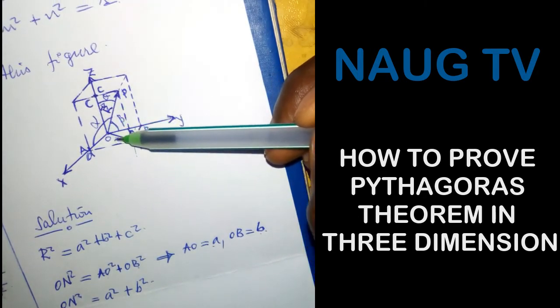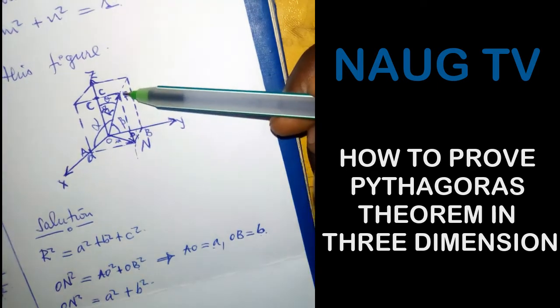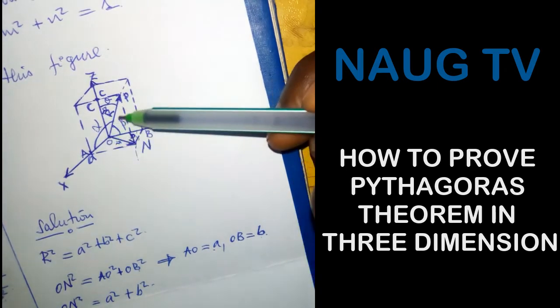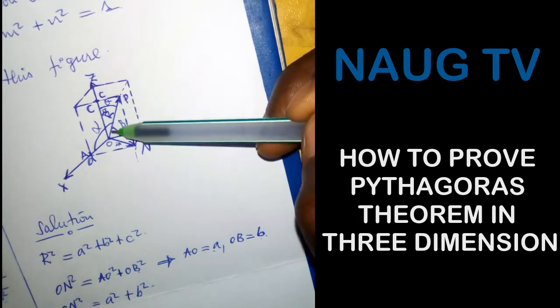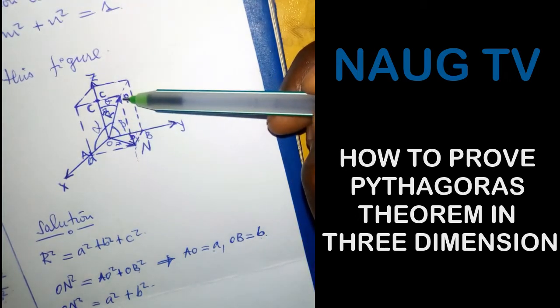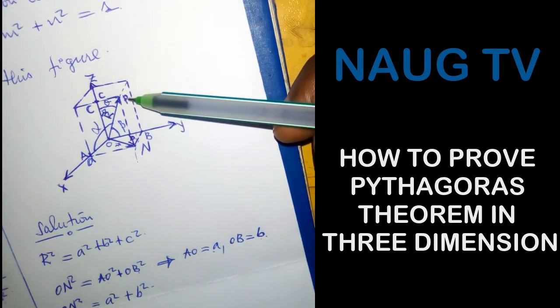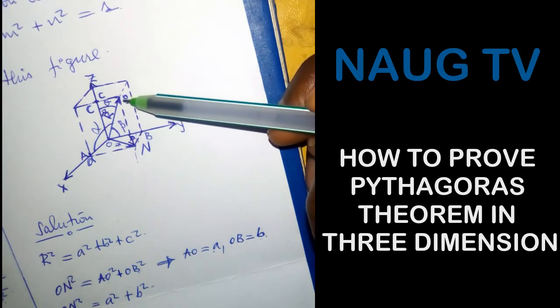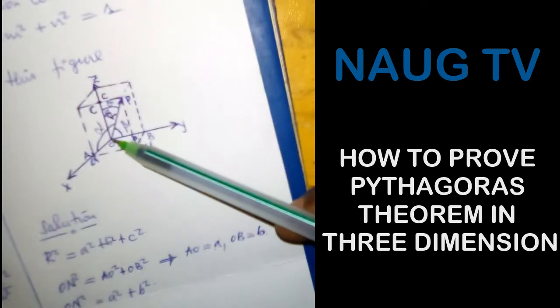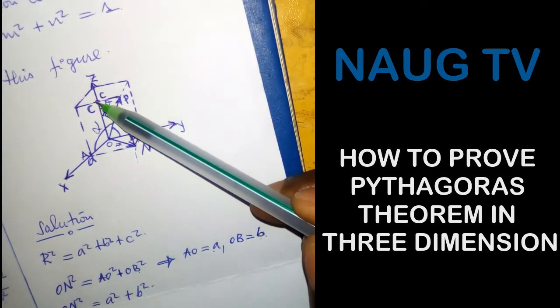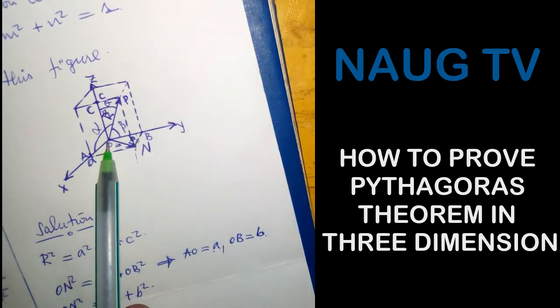I say distance OP, as you can see here. Distance OP would be defined by distance OC and distance ON.